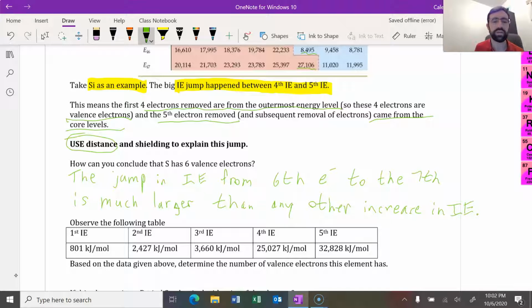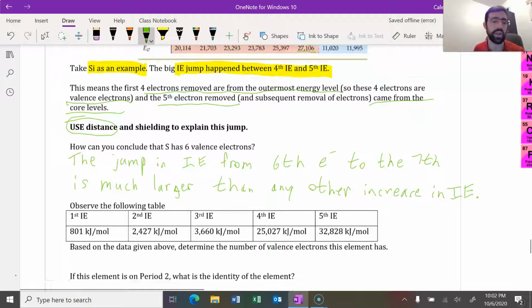That's one way of explaining it. Excuse my writing on that, but the jump in ionization energy from the 6th electron to the 7th electron is much larger than any other, so that tells us we have 6 valence electrons. That 7th one is a core electron.